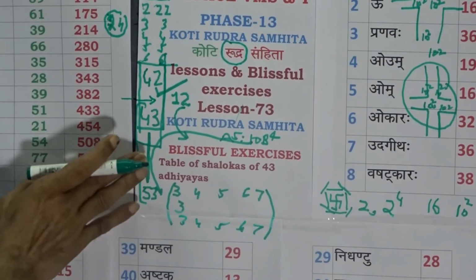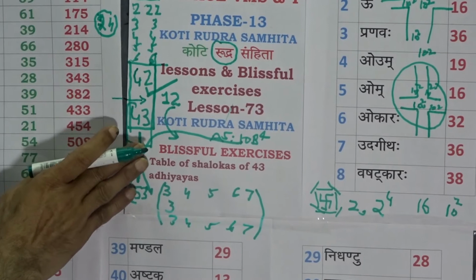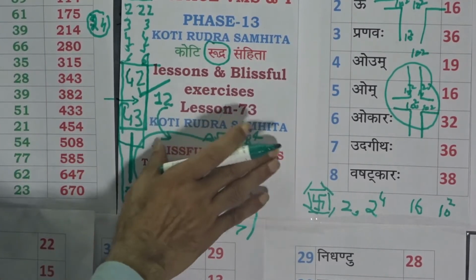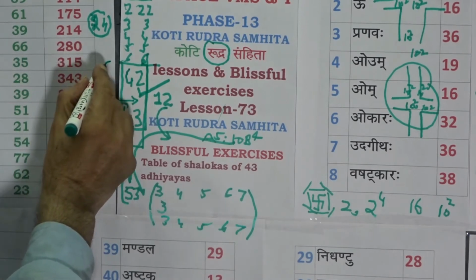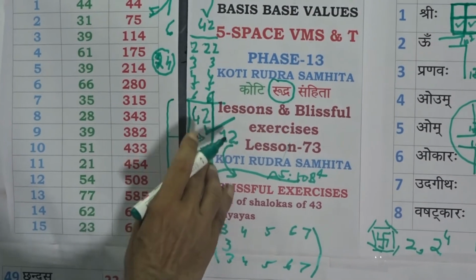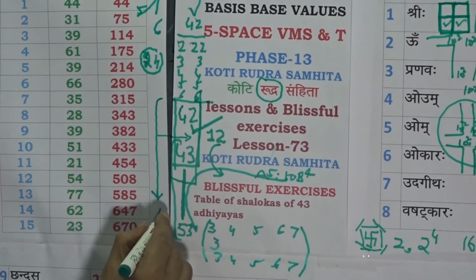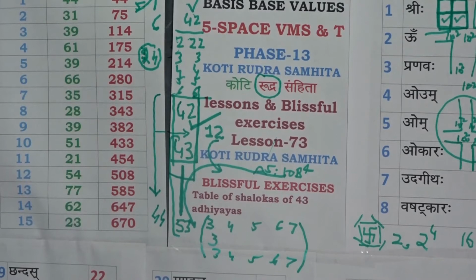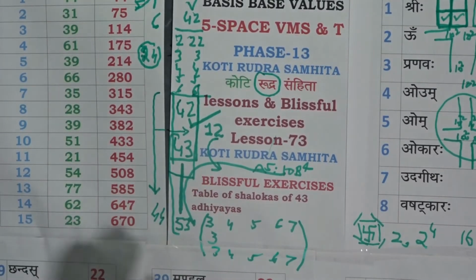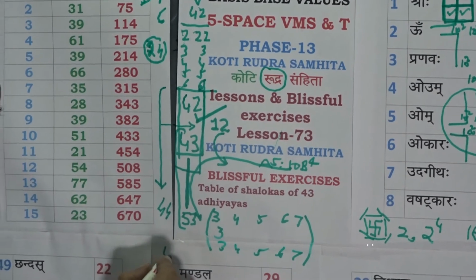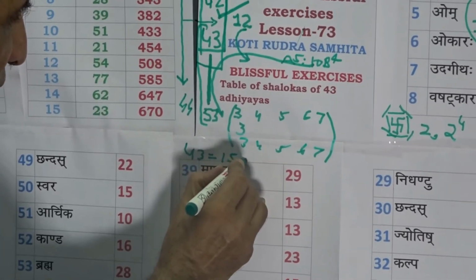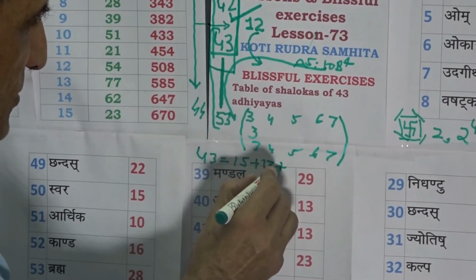Therefore, while comprehending, while imbibing the values and features of the format of Koti Rudra Samhita, one shall begin with chapter 42, the last chapter of Shat Rudra Samhita, and that way this reach should be of 44 steps. Further, let us take note that value 43 is a very blissful value, and this value 43 is of the organization 15 plus 13 plus 15.